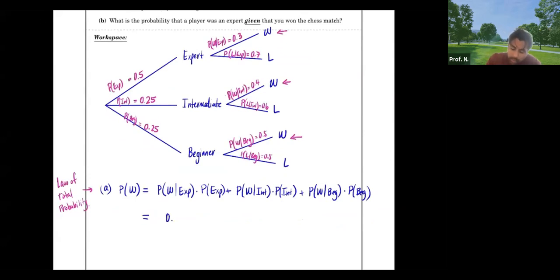So then this is 0.3 multiplied by 0.5 plus 0.4 multiplied by 0.25 plus 0.5 multiplied by 0.25. Okay, and so when you put that in your calculator and you compute everything, that's right, you do get 3/8, which is equal to 0.375.